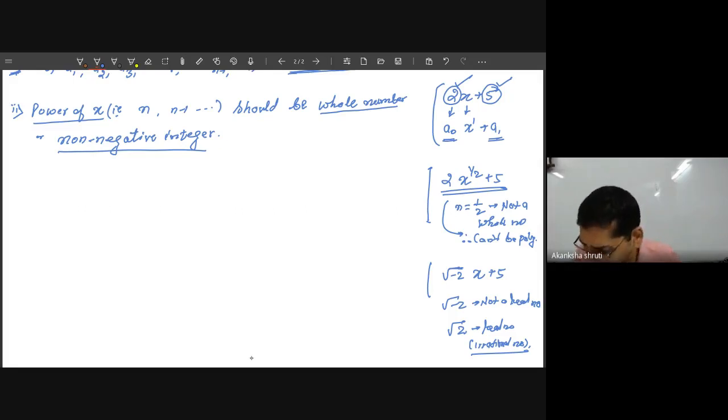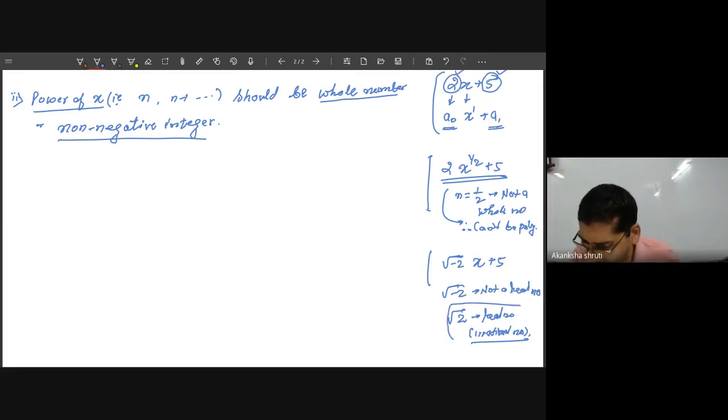But if there is the root of any negative number, then its value cannot be determined. It cannot be plotted on a real number line. So such a number cannot be a real number. Therefore, this expression cannot be a polynomial.